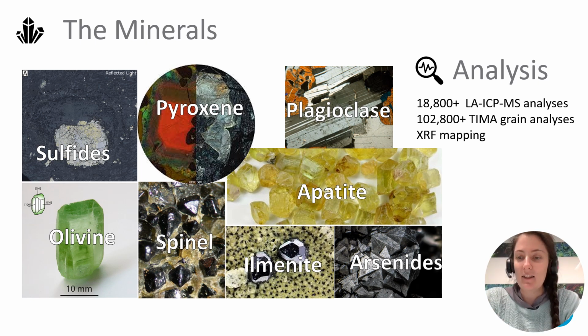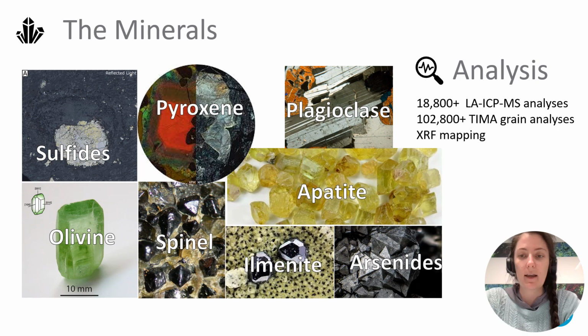The analysis we undertook was TIMA, so automated mineralogy on the SEM, in which we can aggregate spectra across a mineral and have semi-quantitative major element chemistry extracted from that data. And then we also looked at laser ablation ICP-MS analysis for the trace elements.